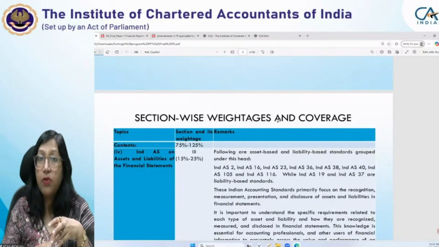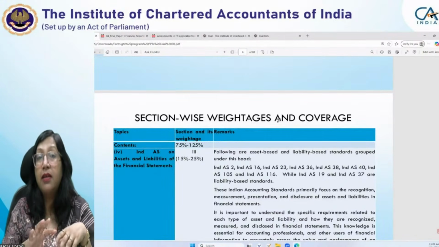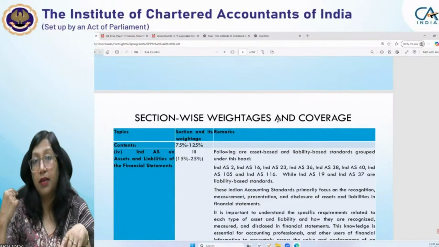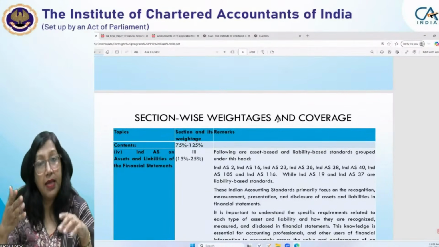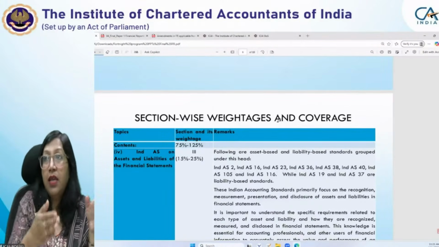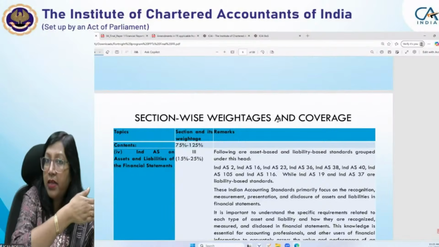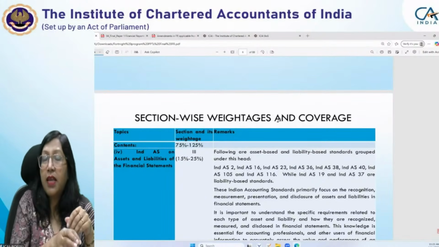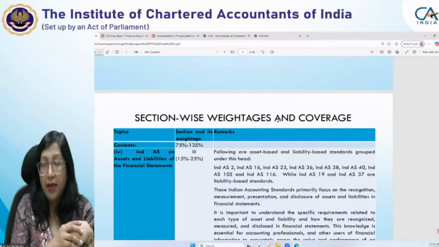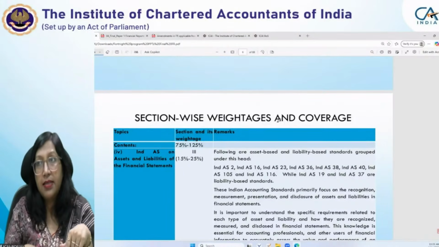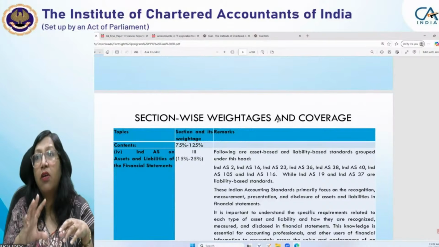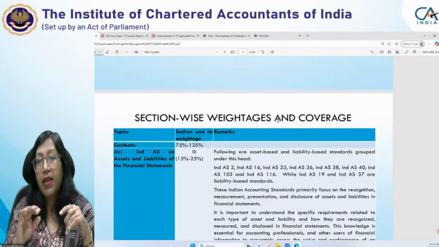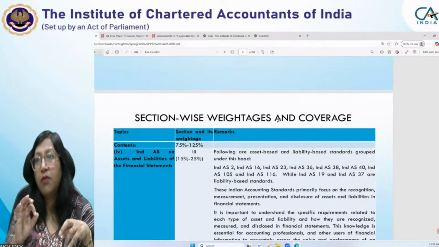With respect to asset-based standards, you have to go for trend analysis. By trend analysis, I mean just go through the past 3 to 4 examinations and find out which standard from this section has been tested. For example, in the recent examination, we had a question on Ind AS 23, borrowing cost.